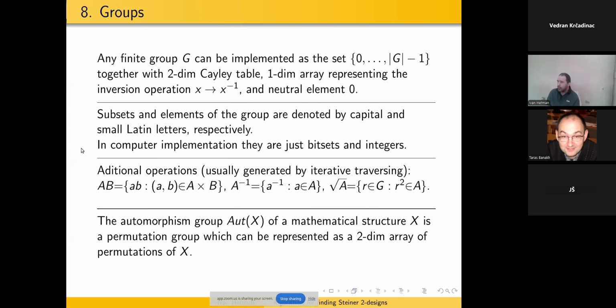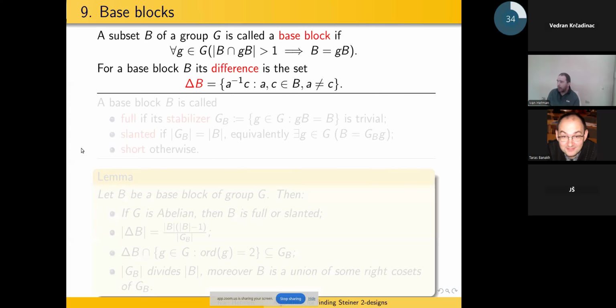Also, let me remind the definition of a base block. A subset B of G is called a base block if, whenever the intersection of B with a left shift of B has cardinality more than 1, then B is equal to this left shift. Why is it important?